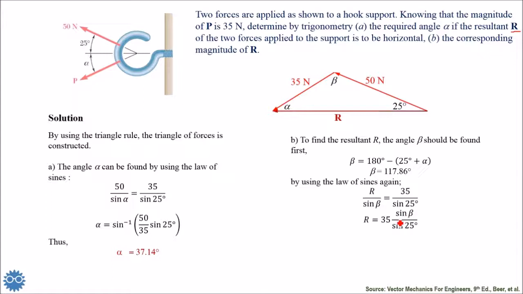So simply we can have r equals 35 multiplied by sine beta over sine 25. So r will be equal to 73.2 newtons. And this is the solution of this problem.